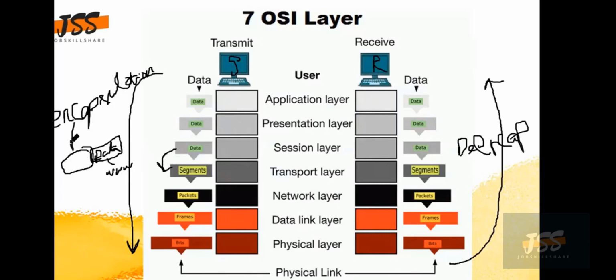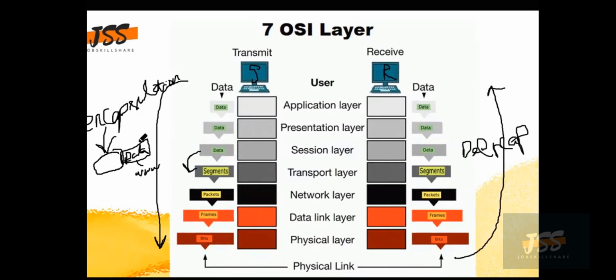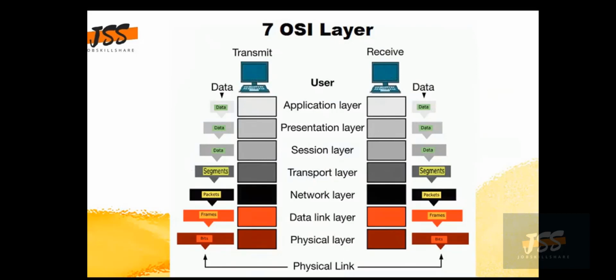That's why we use encapsulation. Once it has reached the physical layer on the other end, it is going to de-encapsulate, because it moves one by one to the receiver, so it has to remove everything it added here. If you didn't get it, the next slide is going to make this clear. So let's move to the next slide.